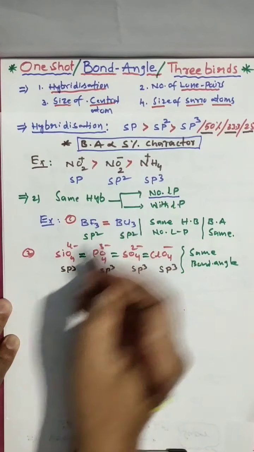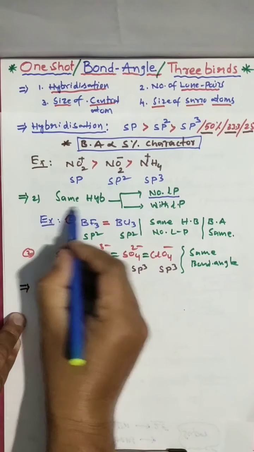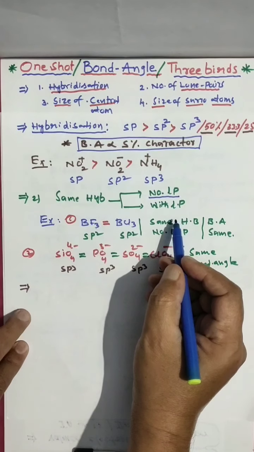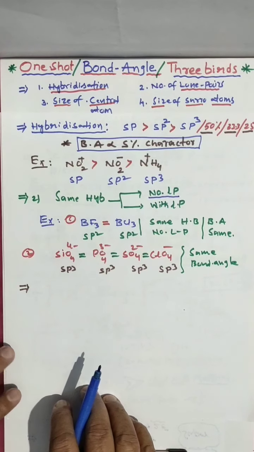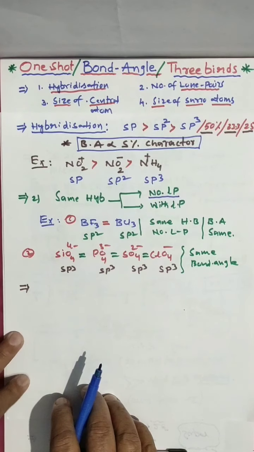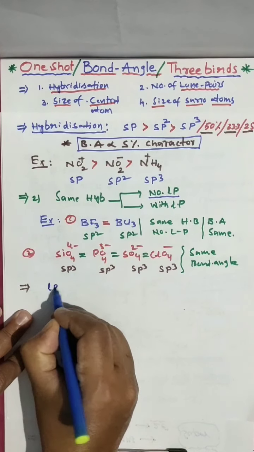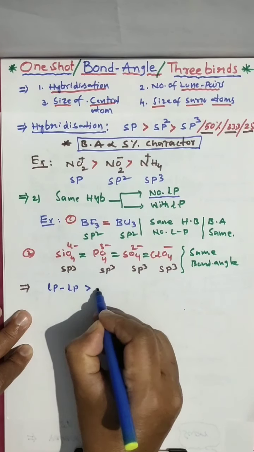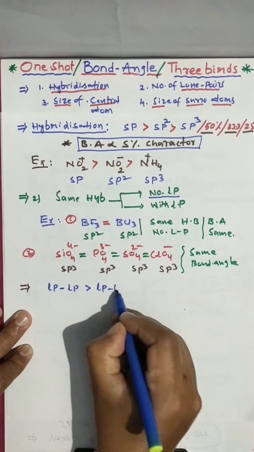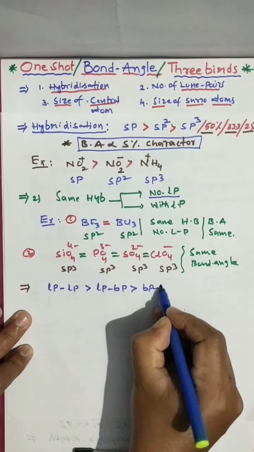Two examples. Next condition. What is the condition? Hybridization is same but with lone pairs. Lone pairs are present. Then how to calculate? You remember in chemical bonding, lone pair-lone pair repulsion is more than lone pair-bond pair repulsion, and that is more than bond pair-bond pair repulsion.